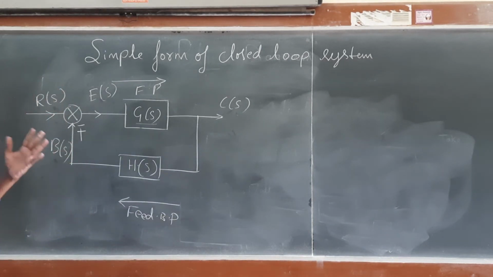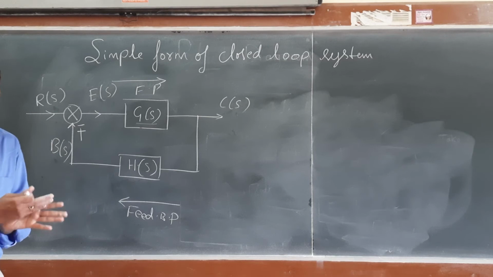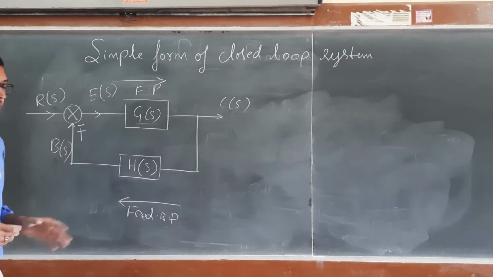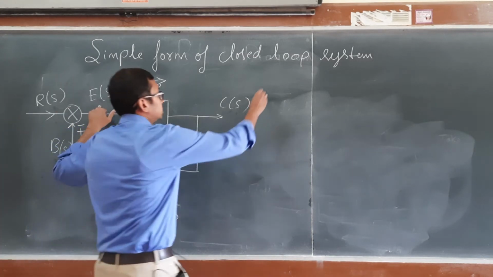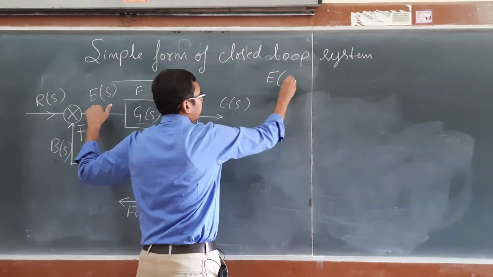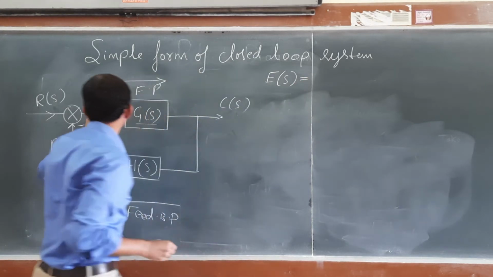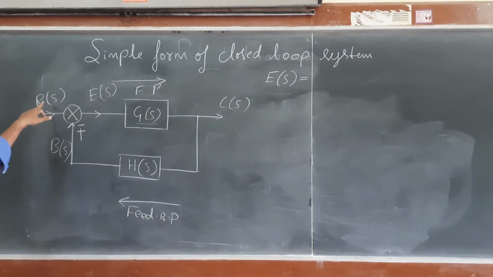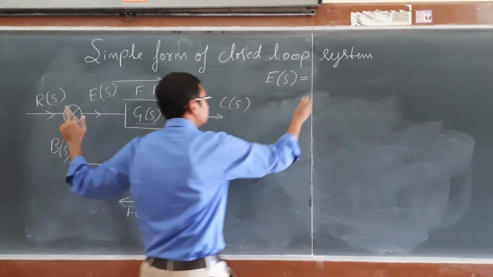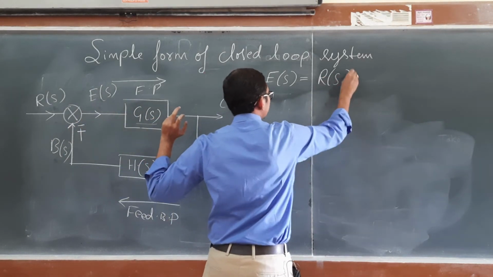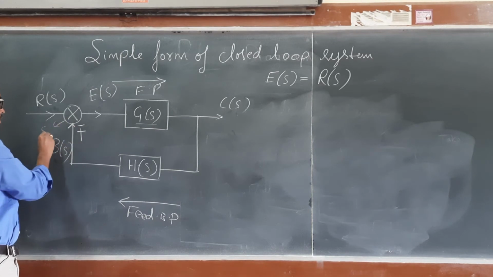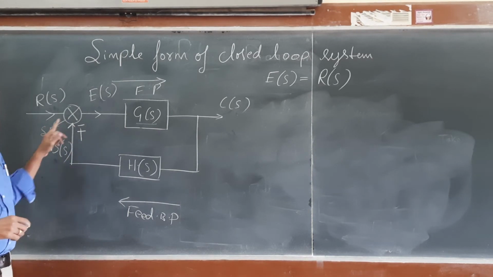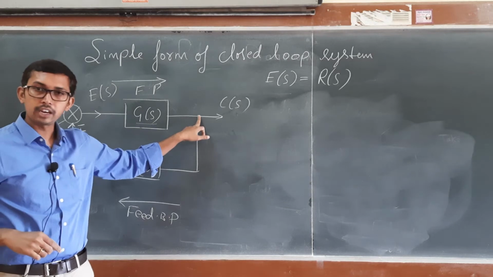So how do we write down the transfer function of this system? Here, what is the meaning of E of S? It is the error signal, right? So E of S can be written as what? Can you tell me? It will be R of S. Here we have a summing point, and this one is a takeoff point.